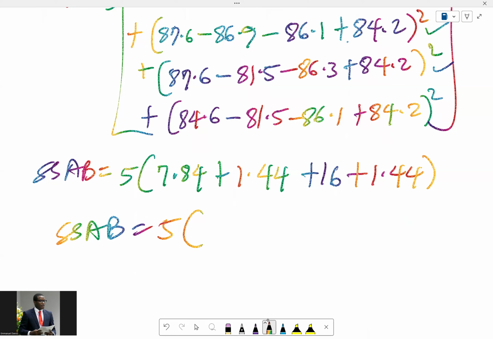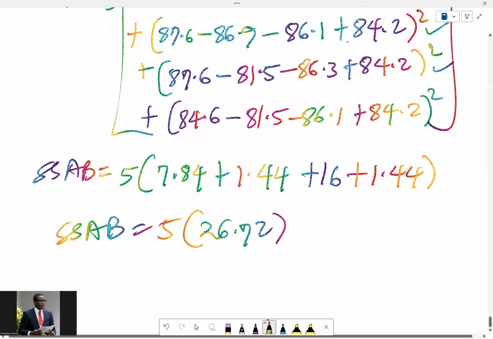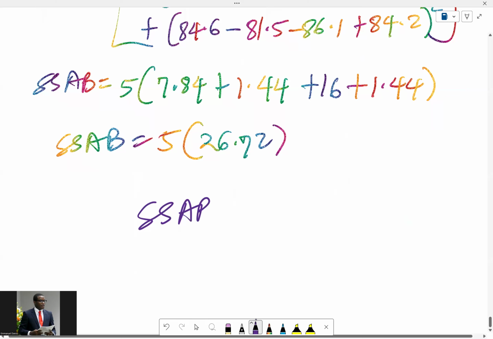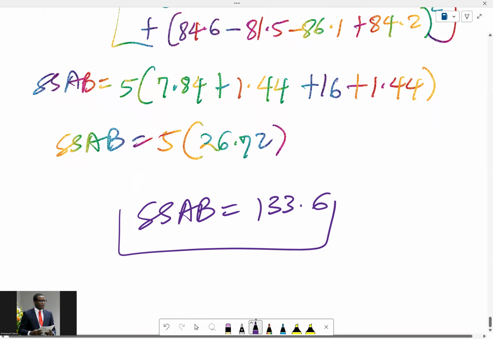So this is 26.72. Again, 7.84 plus 1.44 plus 16 plus 1.44. That's 26.72. That multiplied by 5, that is 133.6. SSAB is 133.6. All right, so that's the end of the sum of squares, but that is not the end of the whole story.